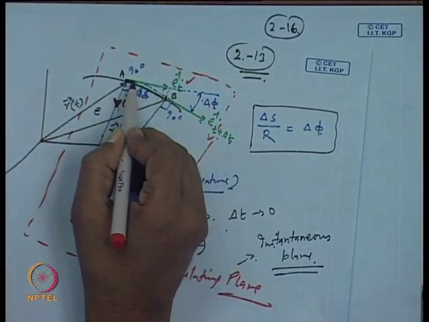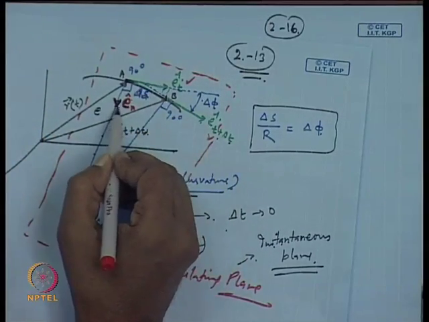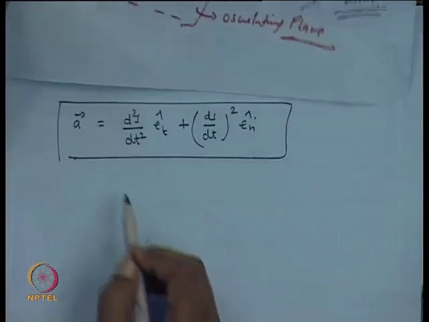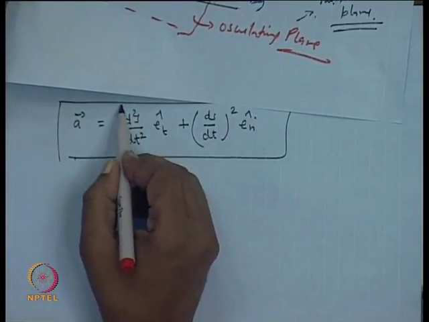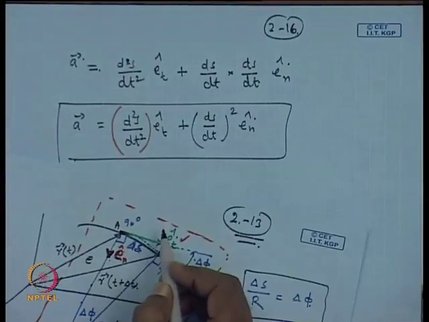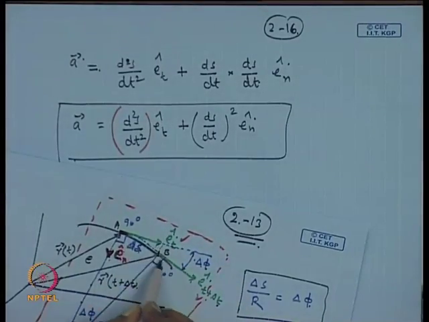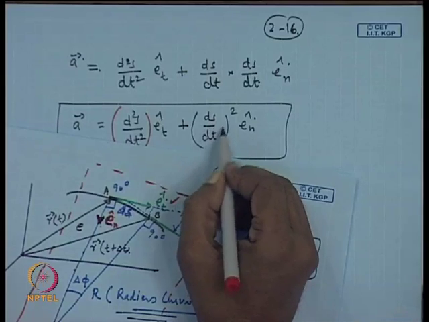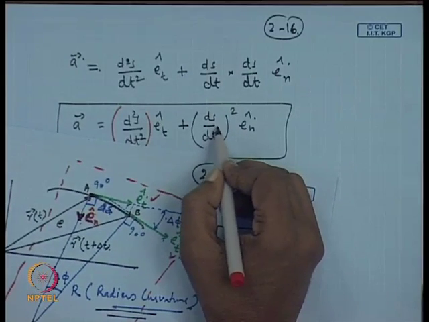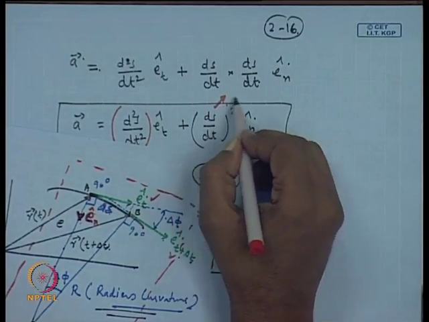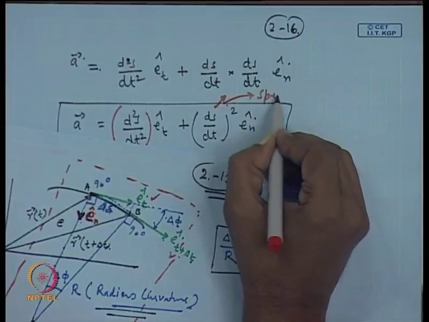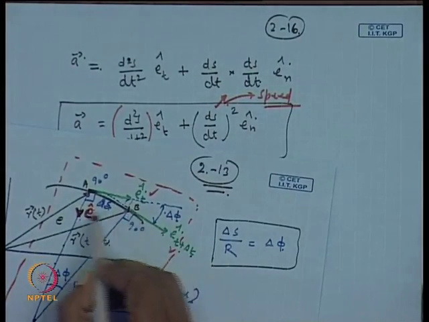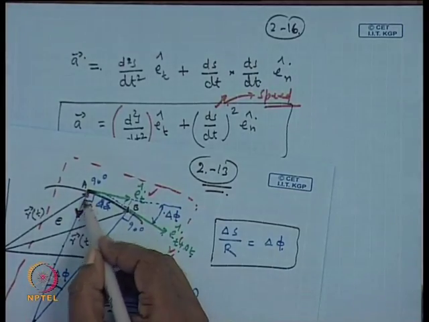Now, we can see that this is the E_t vector and this is the E_n vector. So, the total acceleration of the particle is composed of two components: d²s/dt², which is written in terms of trajectory length, and ds/dt, the trajectory velocity, which you also call the speed, times E_n cap, along this direction.